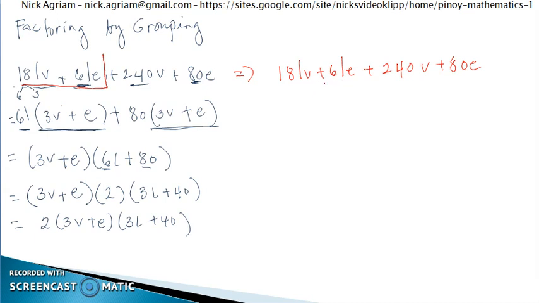Like what we did here, we grouped the first two terms. But there is V here and there is V there. Let's try to group these two terms, and then we have 6LE plus 8OE.